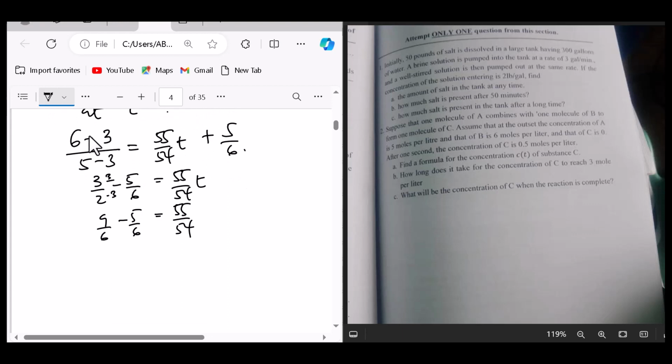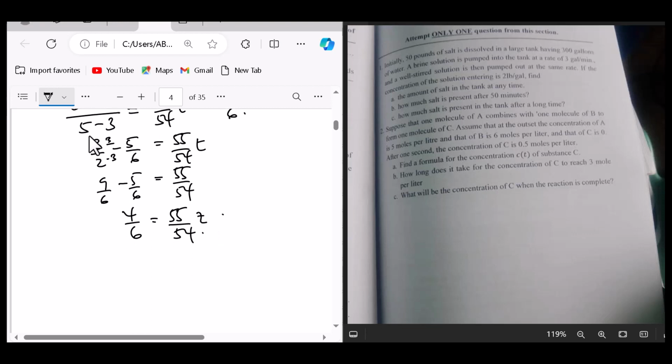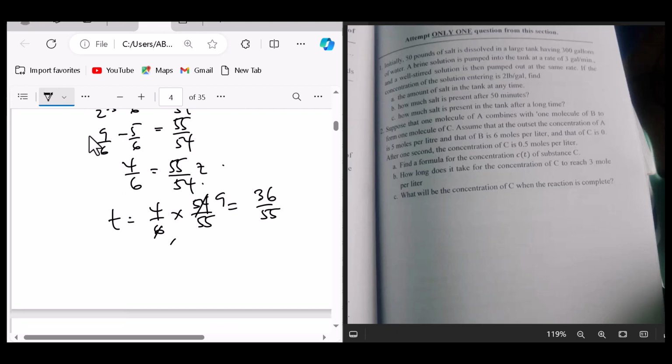So here is just 4 over 6 equals 55 over 54 t. And so t equals 4 over 6 times 54 over 55, which is 36 over 55. So you get some 0 point something. Okay, so this is the answer, in seconds.